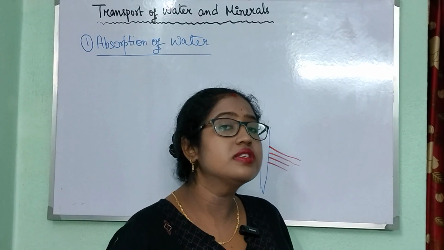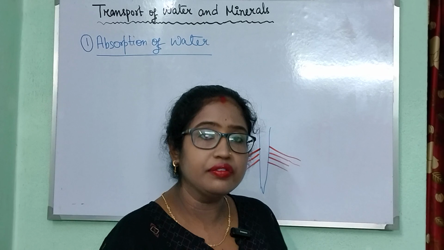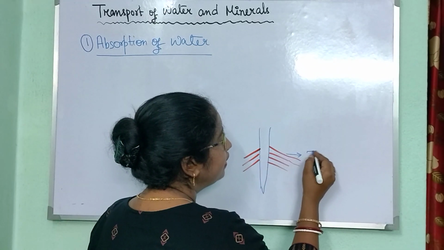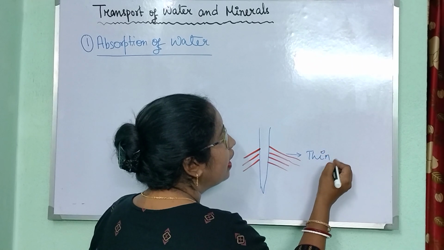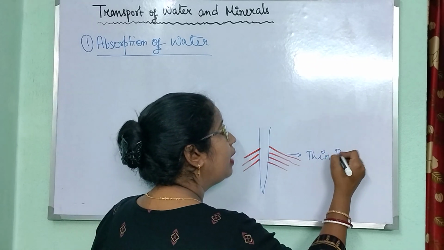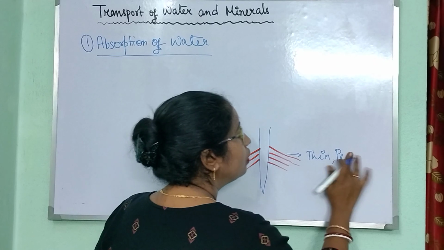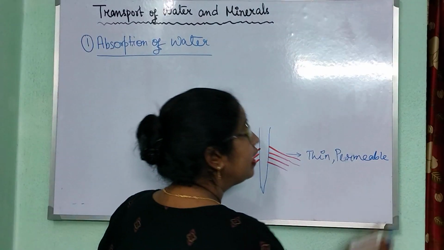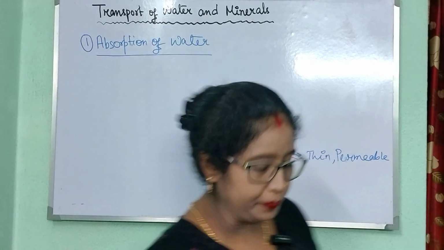The covering or the membrane of the root hair is very thin, and it is permeable to water and other minerals also.